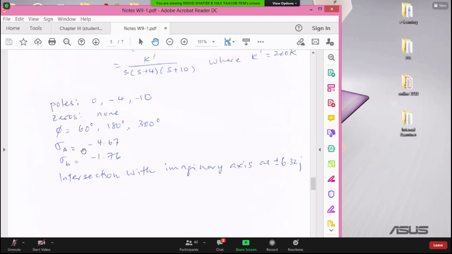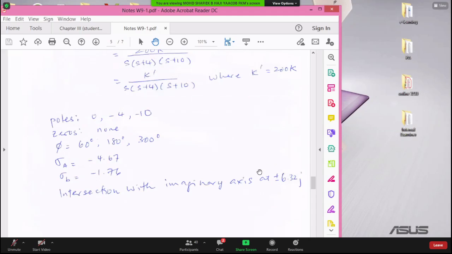Intersection of asymptotes. In this case, you're going to have a breakaway point at -1.76, and intersection with the imaginary axis at 6.32j. All these values are computed using the 9th step of the root locus diagram. With all this information, now you can draw the locus diagram. That will give you 6 marks. Okay, so let us draw that.